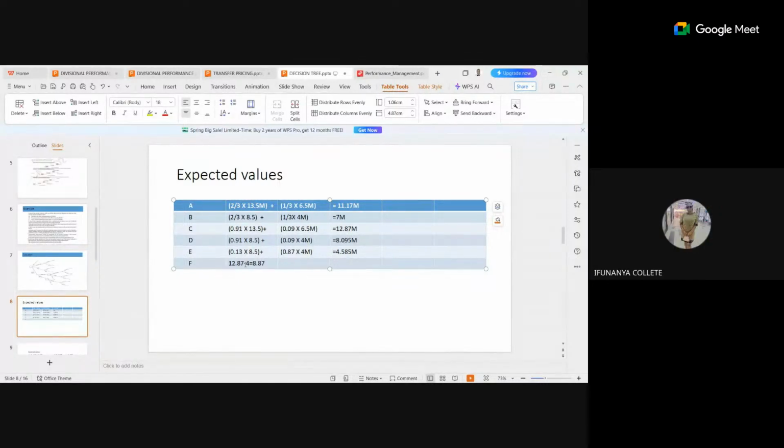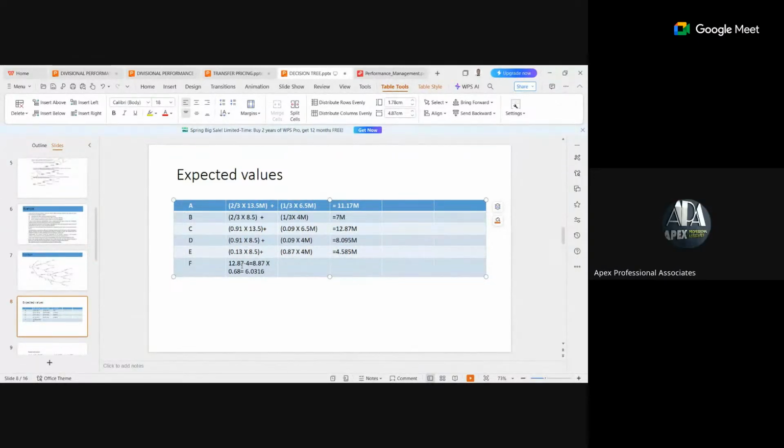So this 8.87, we multiply by the probability of 0.68. So we get 6.0316. All right. So that is for good regarding market research.